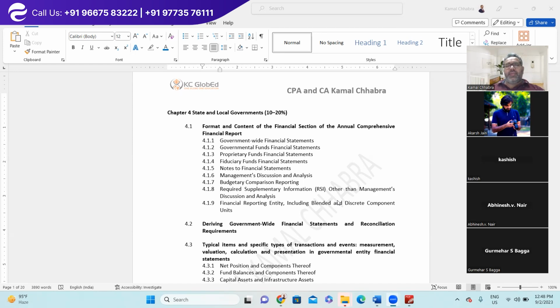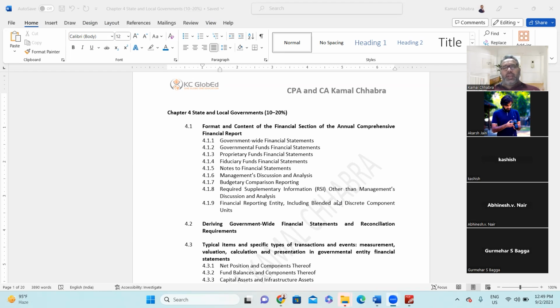We need to understand the fundamentals, and we need to understand from the government's perspective why they are asking for such disclosures in their financial statements. When we are studying governmental accounting, let's assume you are a state government or a federal government or a city government, or any organization formed by the government. If you keep that in the background of your mind, then things will be easier to digest.